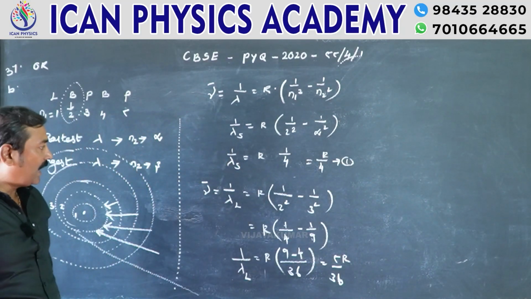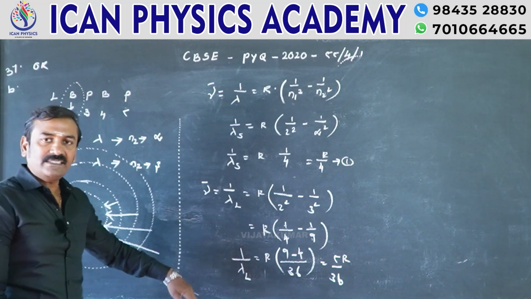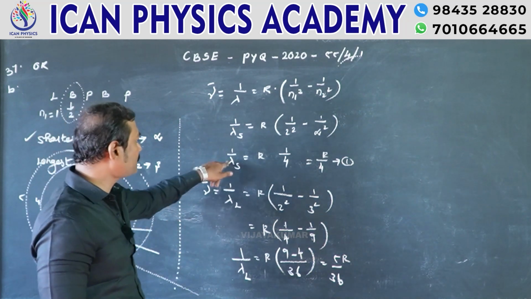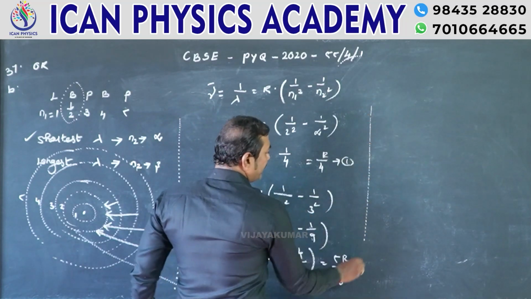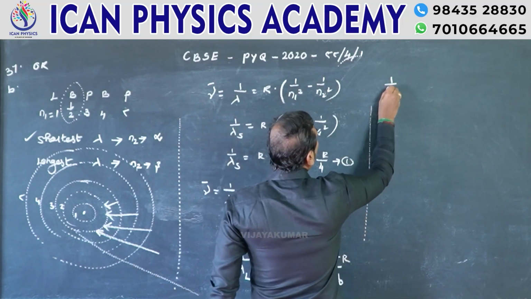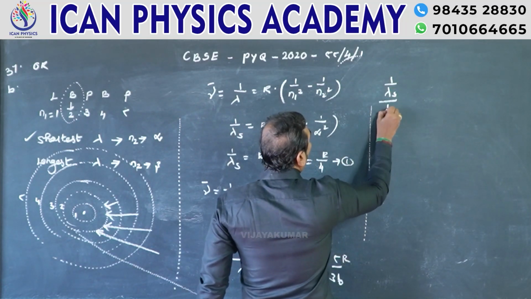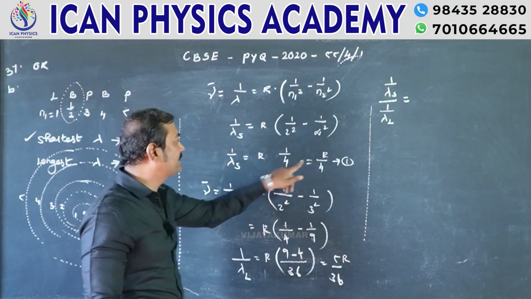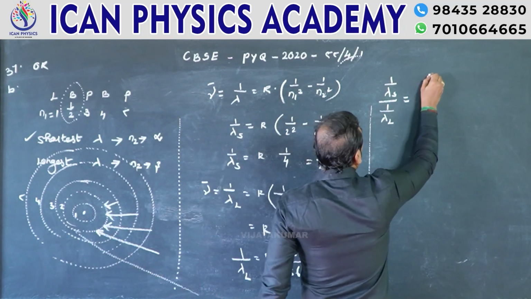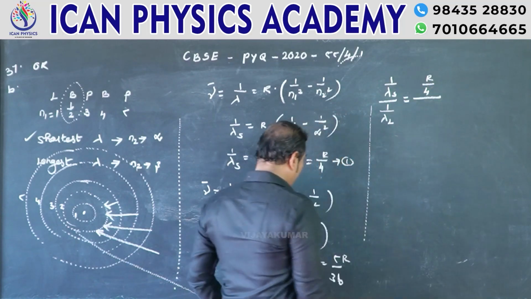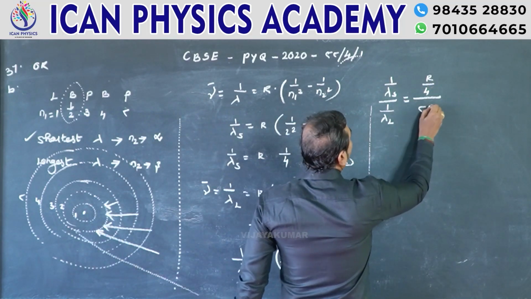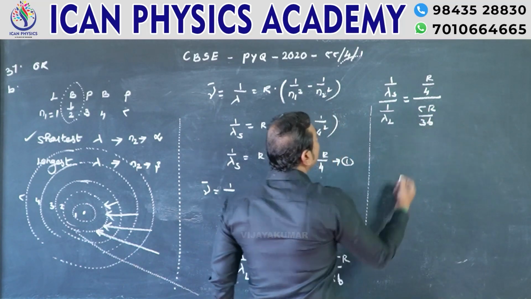Now, what is the question? What is the ratio of longest to the shortest? So equation 1 divided by 2: 1 by lambda S by 1 by lambda L equals R by 4 divided by 5R by 36.